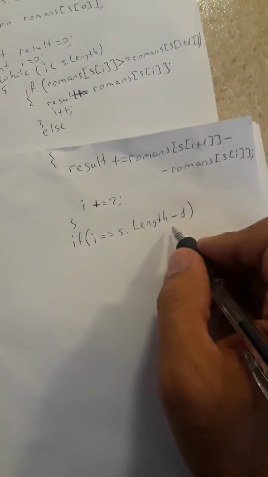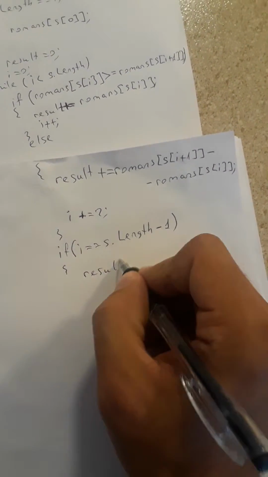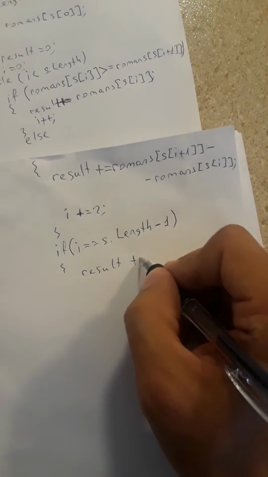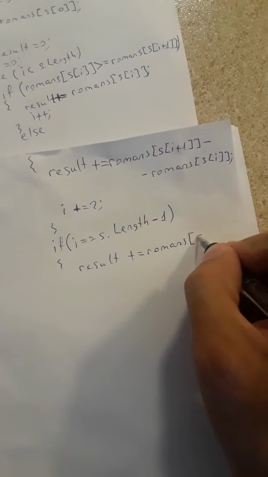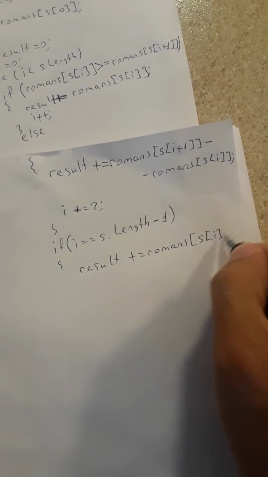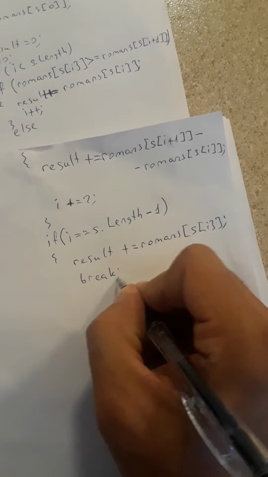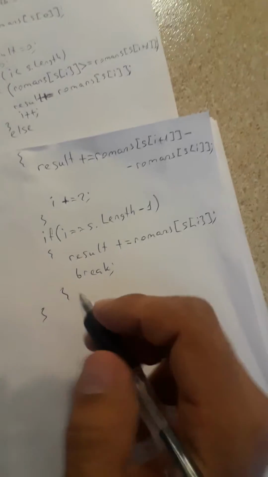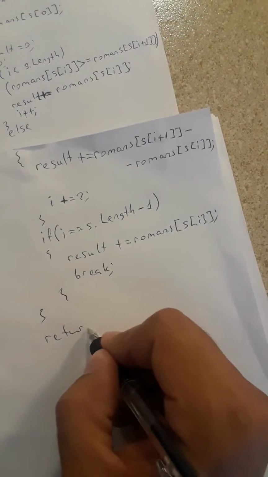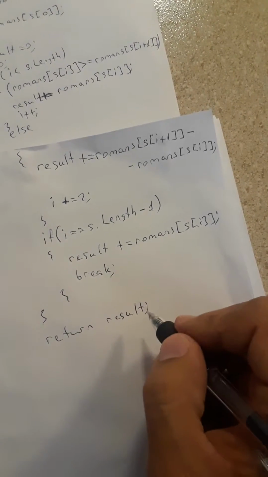If we're at the last character of the string, we need to add up the value from the dictionary, and after that just break the loop. After we break the loop, we'll just return the result value. So let's test it out.